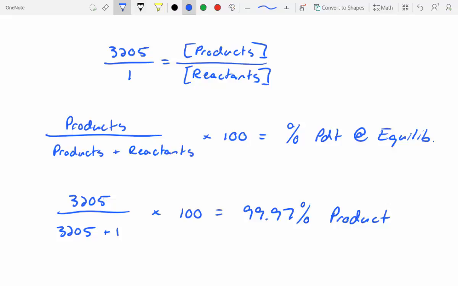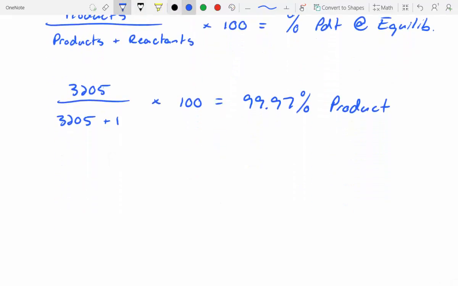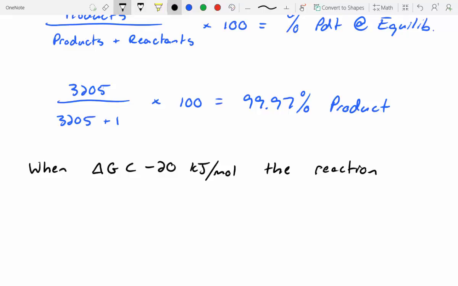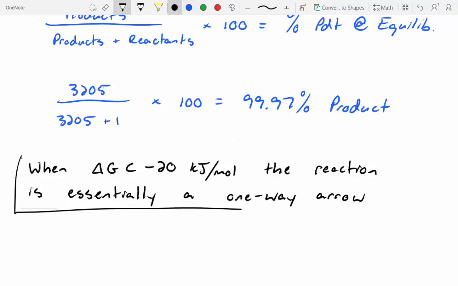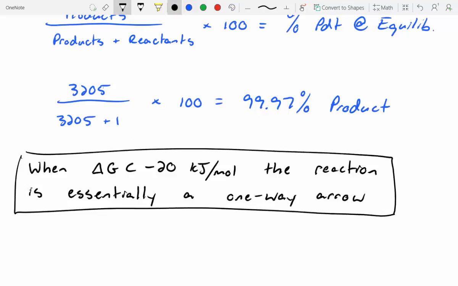So this is a unique way of showing that when delta G is less than negative 20 kilojoules per mole, the reaction is essentially a one-way arrow. Meaning it's not really at equilibrium much anymore. It's essentially all going to products. It's not really going to push back to that starting material side very much.